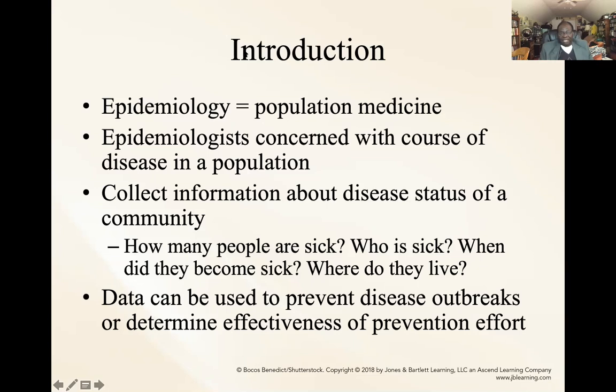They need to have that information to help them. What are the conditions where they live that made it conducive for either that pathogen, or the air, or the water that they drink, could have been the root cause.